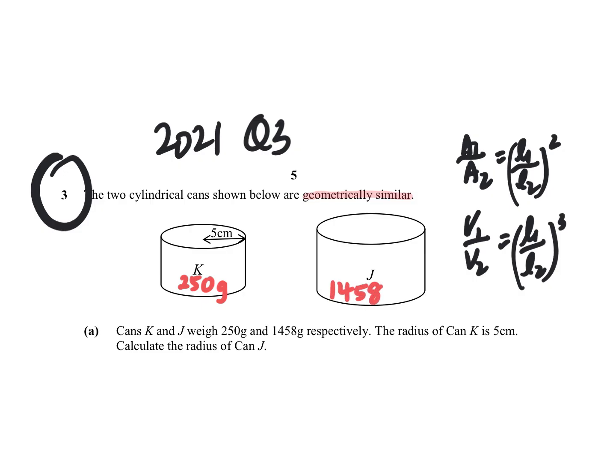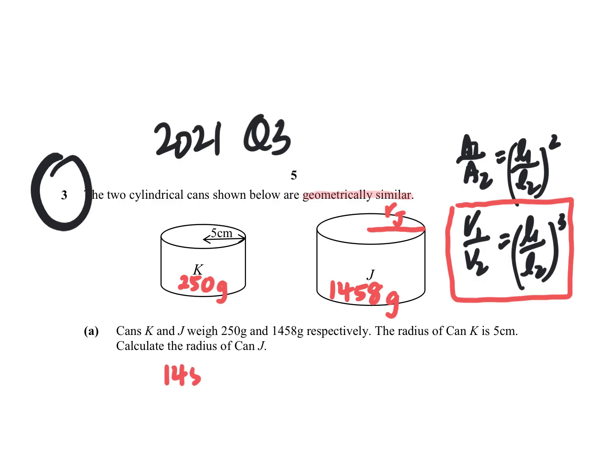Okay, this one weighs 1458. So they tell me the ratio of their weight, and the radius for this is 5. They ask you, can you find the radius of J? So we will be using this because weight is 3-dimensional. So I will use 250, 1458. Either way you can. If you want to use the large container over the small one, you can also reverse it.